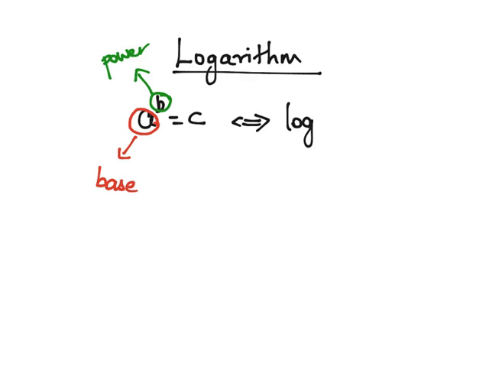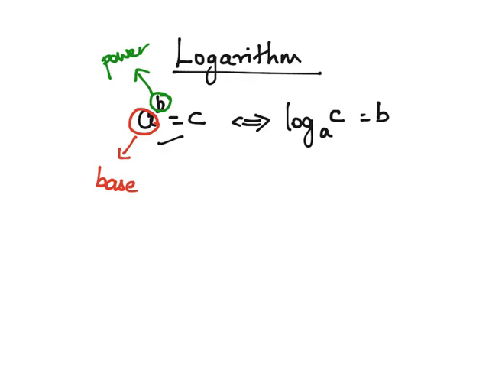So the base is a, so here also the base will be a. Now the power will become the value for the logarithm, so it will become equal to b. The power of this expression will become the value of logarithm, and the remaining expression is c, so log c to the base a equal to b. So I'll read it as log c to the base a equal to b.